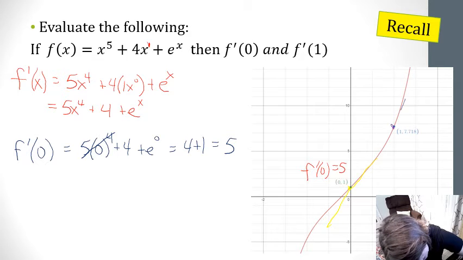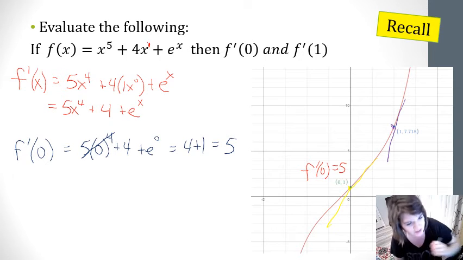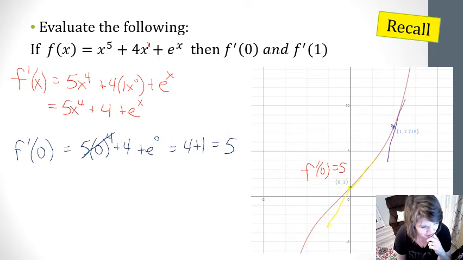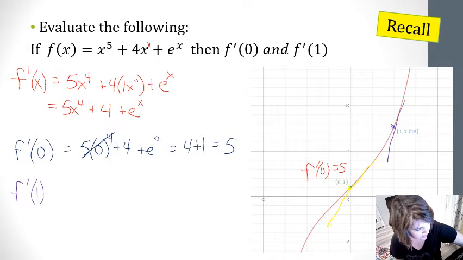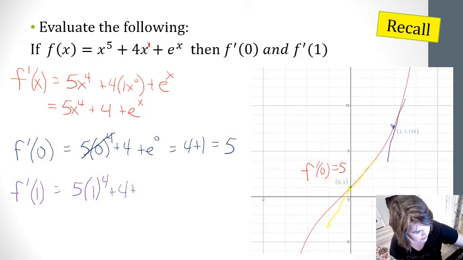Now we need the slope up above right here. So we have a second tangent line, and we need to find its slope. It looks to be a little more steep, but let's go ahead and find it. So we need f prime of 1. So it's 5 times 1 to the fourth plus 4 plus e to the first, which is going to be 5 plus 4 plus e, which is 9 plus e.